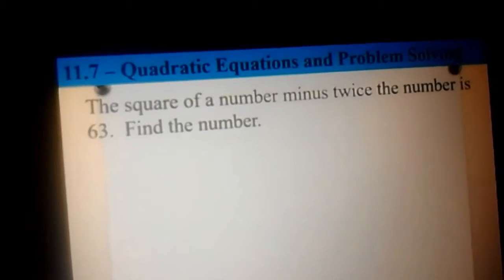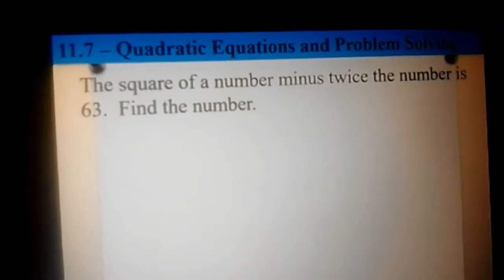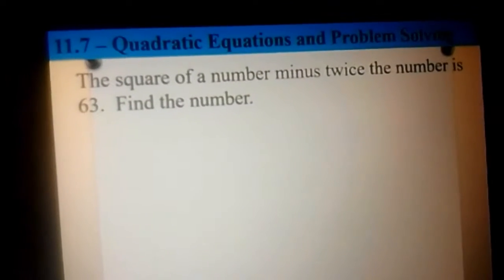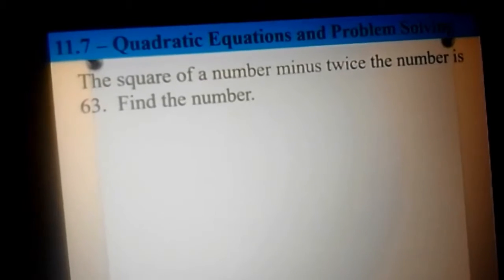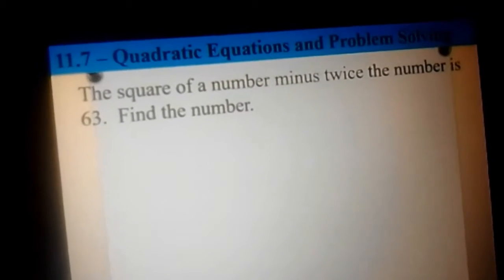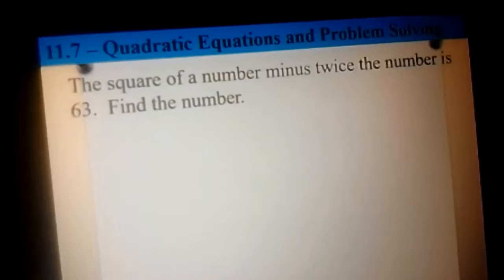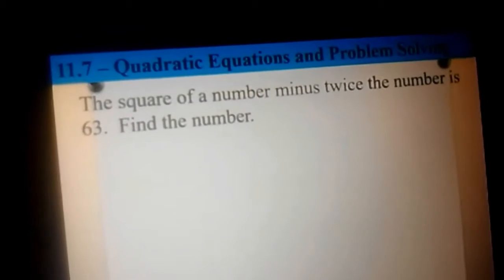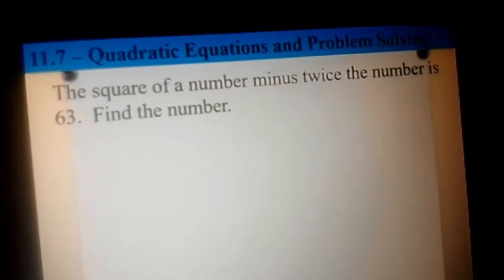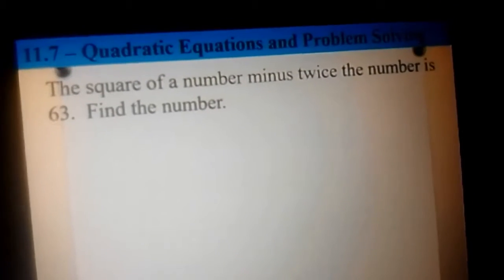The square of a number minus twice the number is 63. Based on this statement, we can form an equation. The square of a number, let us suppose that number is x, minus twice the number is 63.